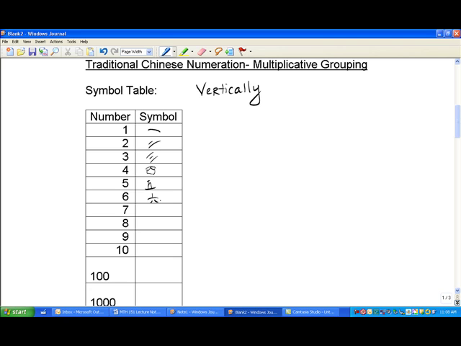Alright, 7 looks like a T that's kind of on its side. 8. Okay, 9 is kind of like a fancy H. 10, this is one of the easier ones, looks like a plus sign. 100, this is one of my favorite symbols. I call it the detonator.